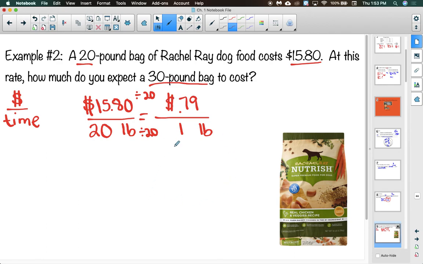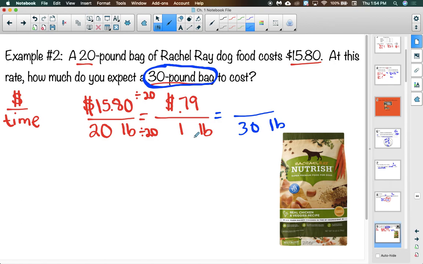So now let's think. We haven't gotten the answer to the question yet. The question doesn't ask us what's the cost for 1 pound. It asks us what's the cost for 30 pounds. Okay? So is there a way to turn my 1 pound into a 30? Sure there is.